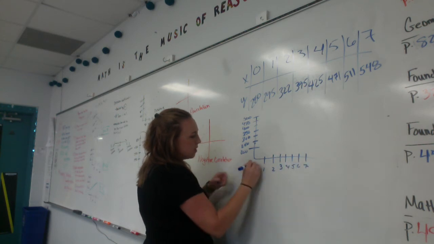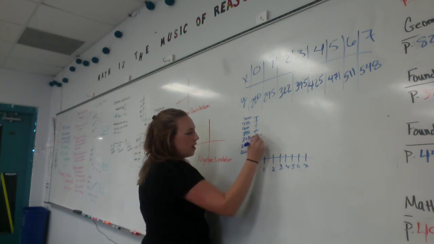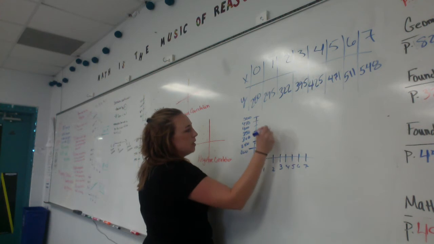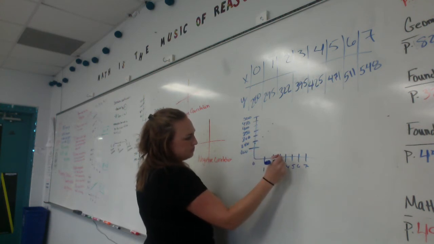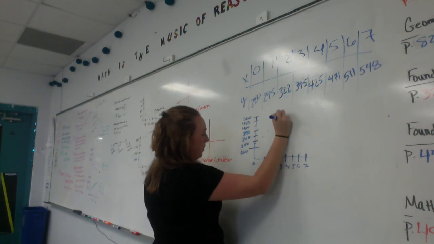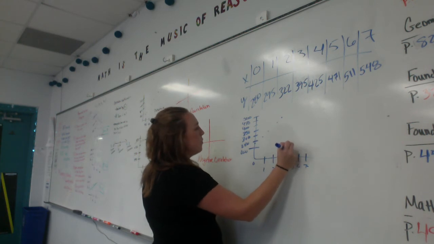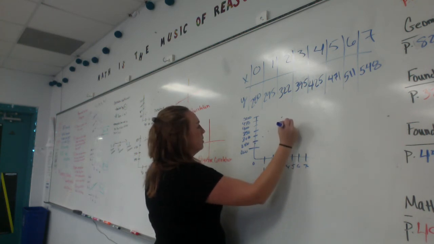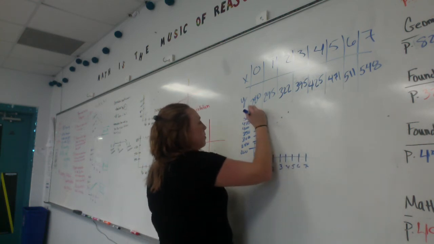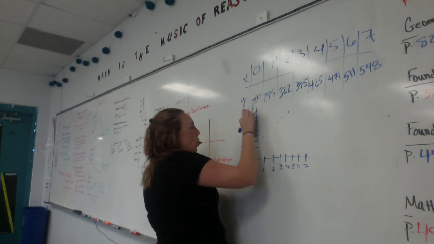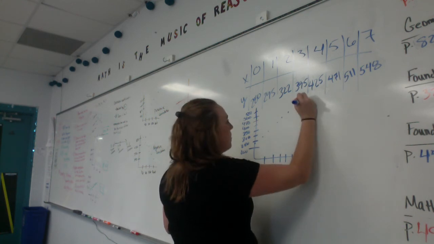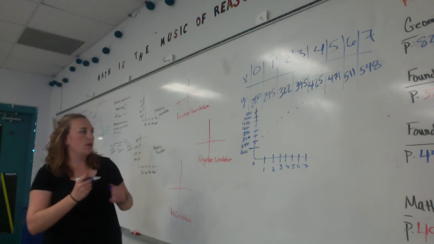Then 1 is at 295, 2 is at 322, 3 is at 395, 4 is at 425, so halfway in between, 5 is at 471-ish, 6 is at 511-ish, and 7 is at almost 550. So there's my scatter plot. Okay, that was step 1.